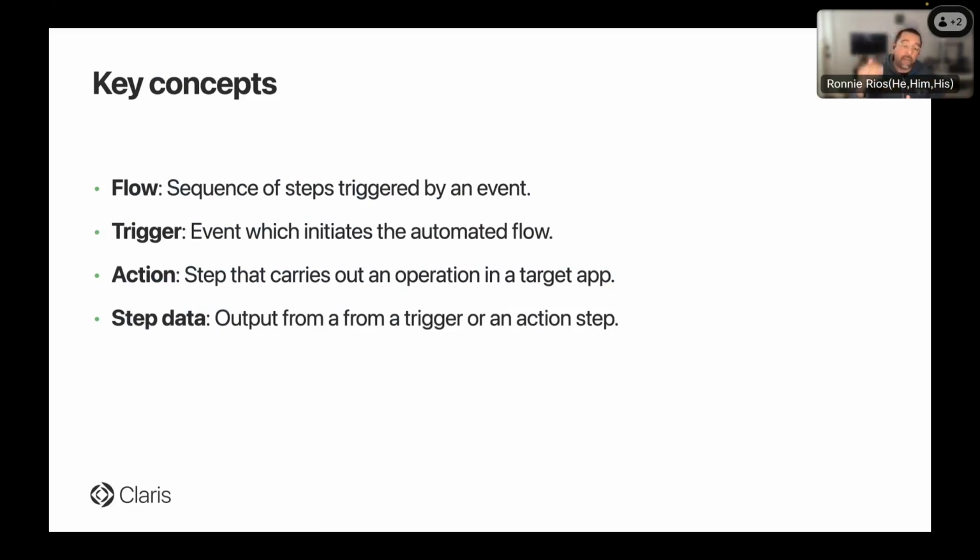It follows a sequence of steps, or actions, and it's waiting for an event. That event that triggers the flow is aptly named a trigger. The trigger is the event for which Claris Connect is waiting or listening, and whenever that event happens, it will start to execute the steps in that flow.